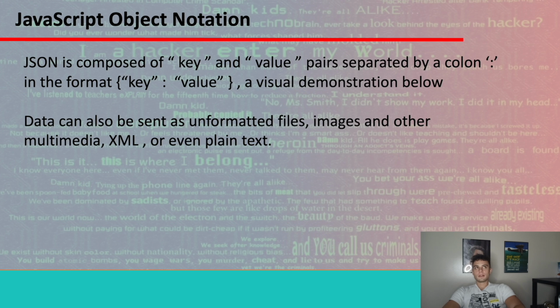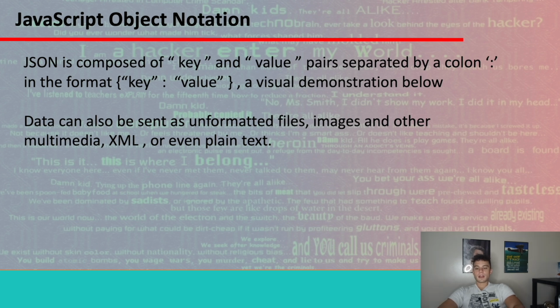For example, the key for me is person and the value is Martin. For you it might be the key person again, but the value might be John or Adam or whatever name you have. The same with Bitcoin: you would have a key price and then the value would be the price. This is how the structure of JSON looks.